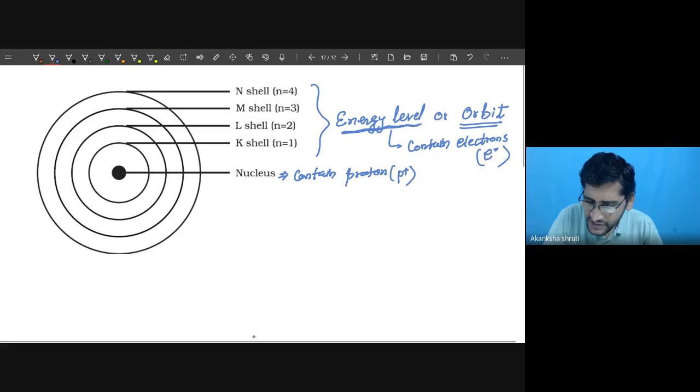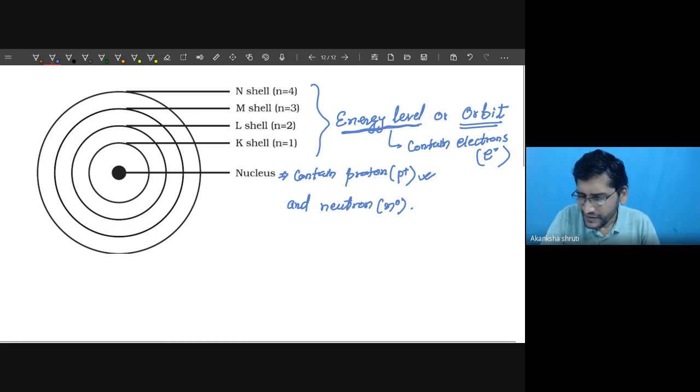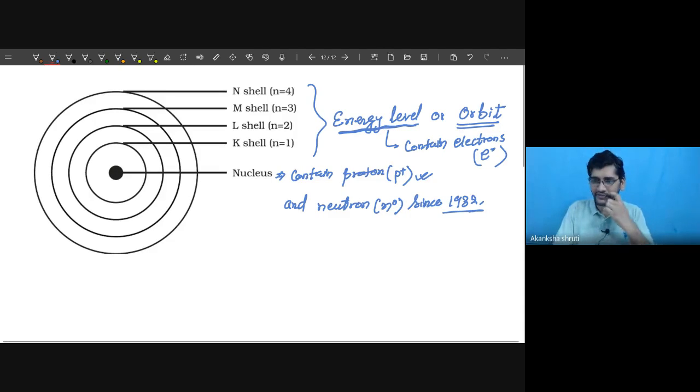Up to 1932 the nucleus contained only protons, and then the neutron was discovered. Neutron is neutral and does not possess any charge. It was discovered in 1932 by James Chadwick. We shall understand what this electron is. This we will also understand.